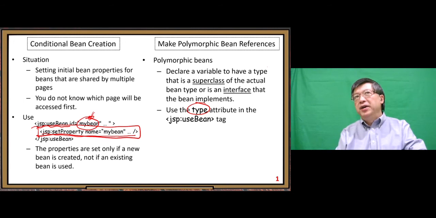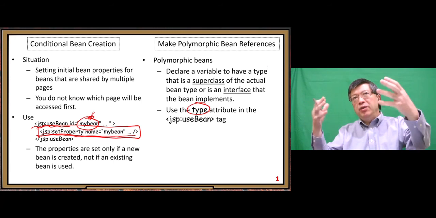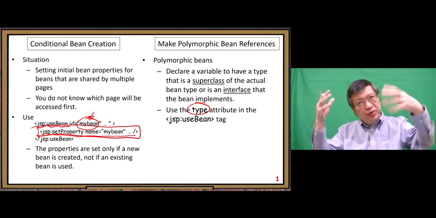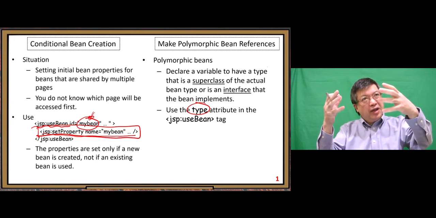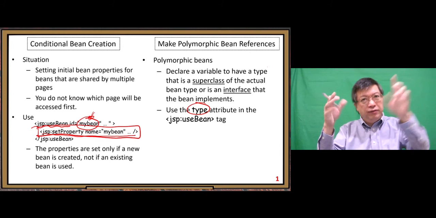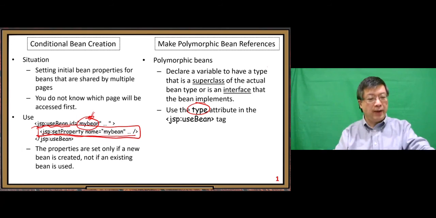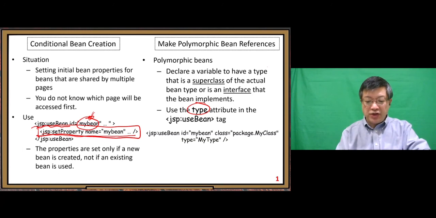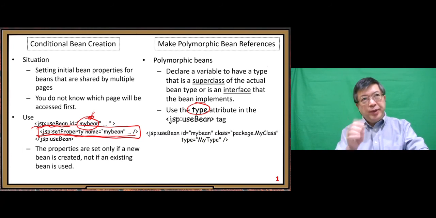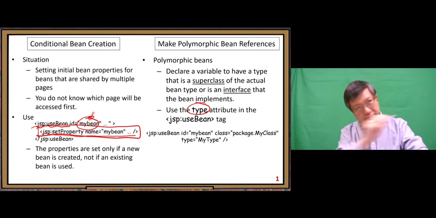Then it will be treated as an object of that type. Let's see the syntax. jsp:useBean, id as before, class as before.